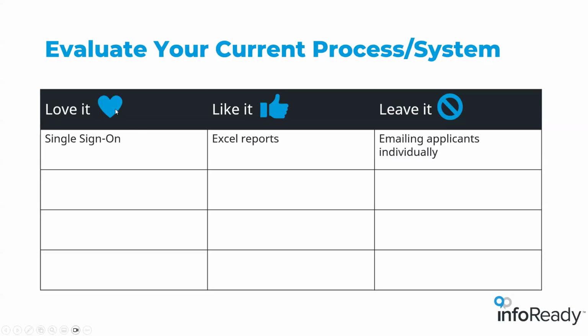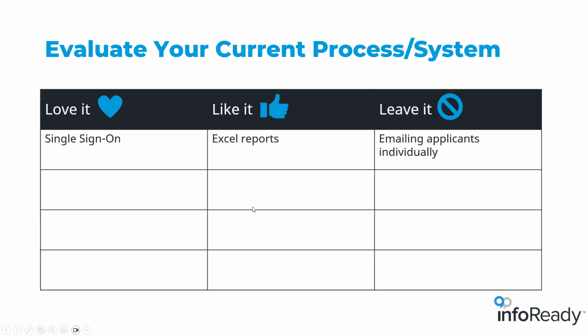The idea here is in the love it column, you would want to list any things in your current process or programs that are currently working really well, that you'd like to carry over when you start using InfoReady. In my example, single sign-on might be one of those things. It allows people to log in with your institutional credentials, makes that process really simple for them, and so you would definitely want to keep that when you start using InfoReady, which you can. So that's a good one.